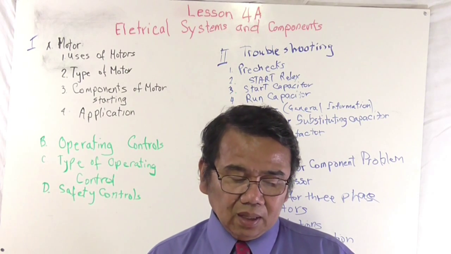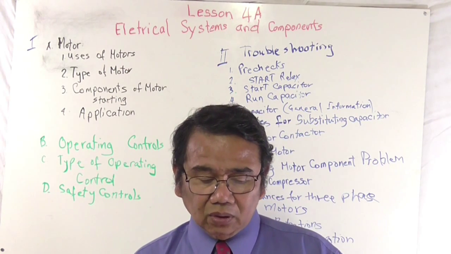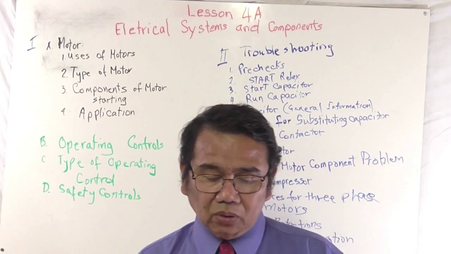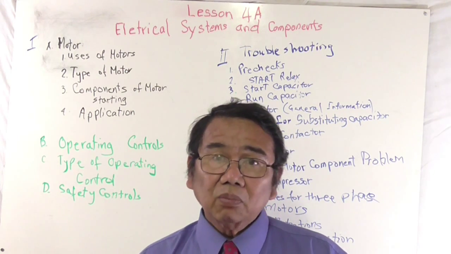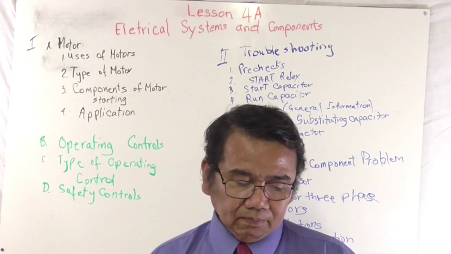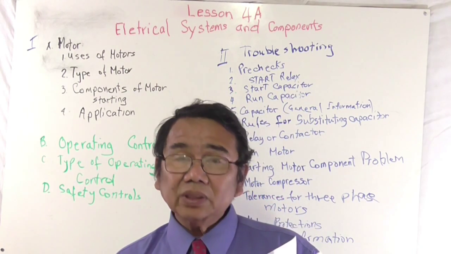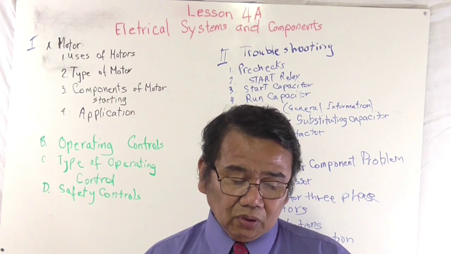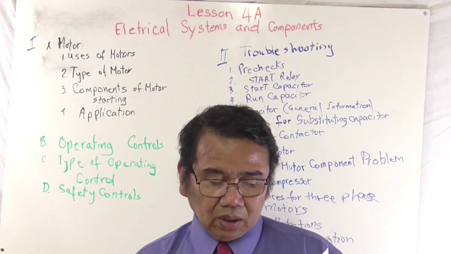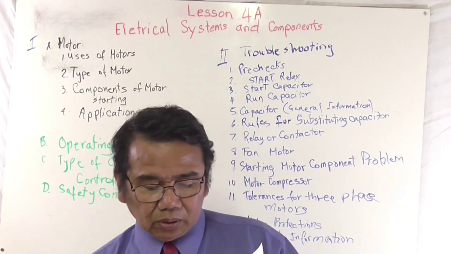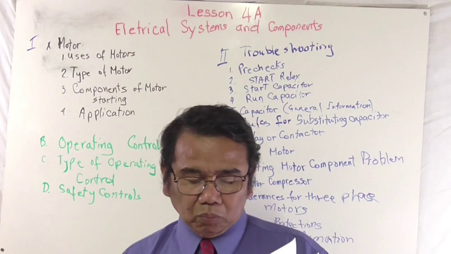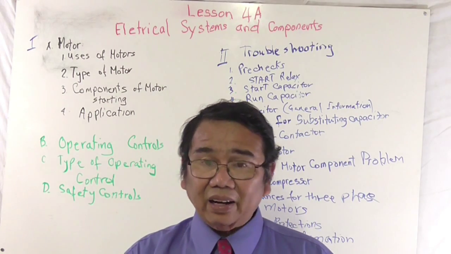Will not run, hums, cuts out on overload: run capacitor burnout or wrong size, motor burnout, motor bearing seized. Okay, and then runs, cycles on overload: blower motor overloaded, voltage low, overload bad, motor mechanically dragging.